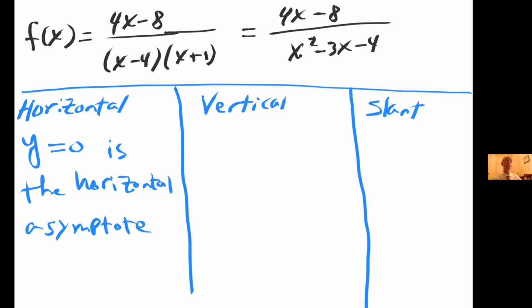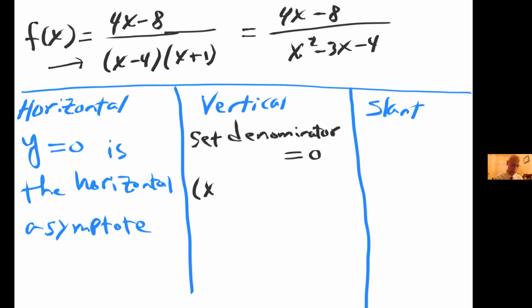How about vertical asymptotes? To find the vertical asymptote, set the denominator equal to 0. The factored form of the denominator is x minus 4, x plus 1 equals 0.